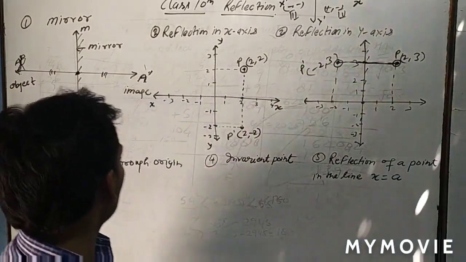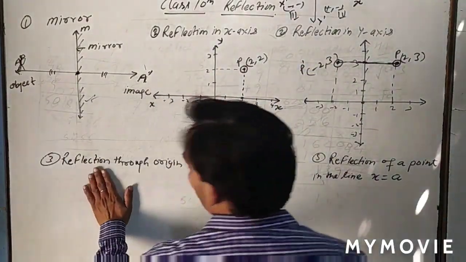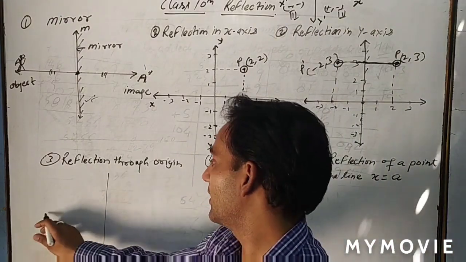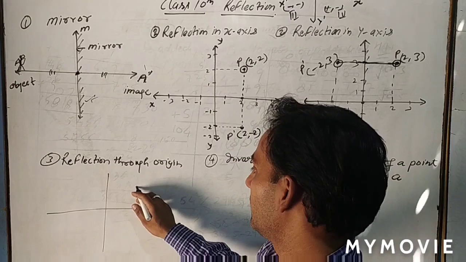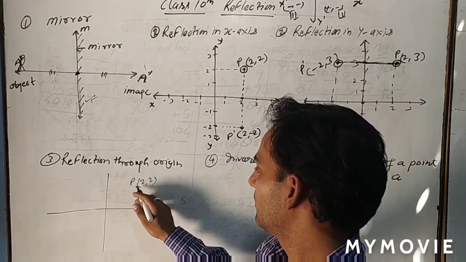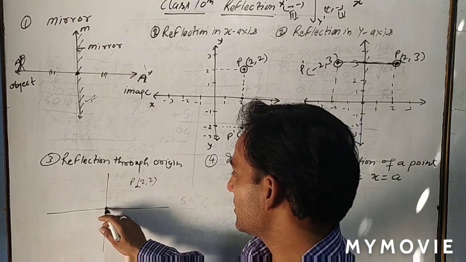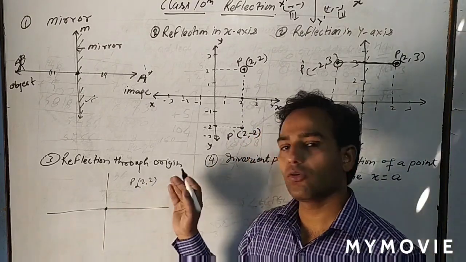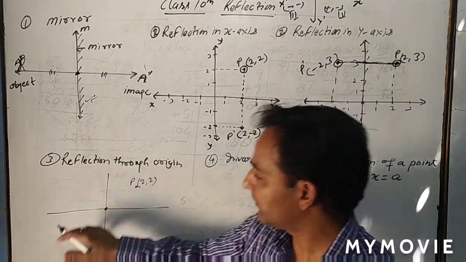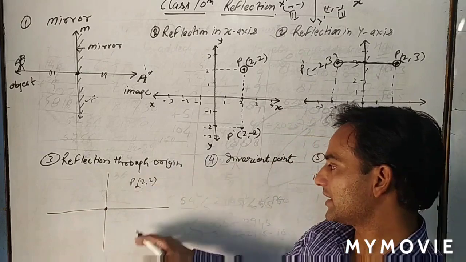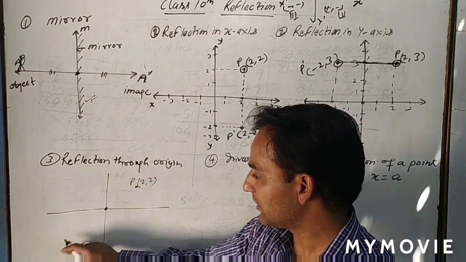Now, reflection through the origin. What is the meaning of reflection through the origin? If we have a point here, 2, 2, let us assume 2, 2, P, and this is the origin. So after reflection through the origin, always the point will come to the just opposite side. If it is here, it will come this side. If it is here, it will come this side.